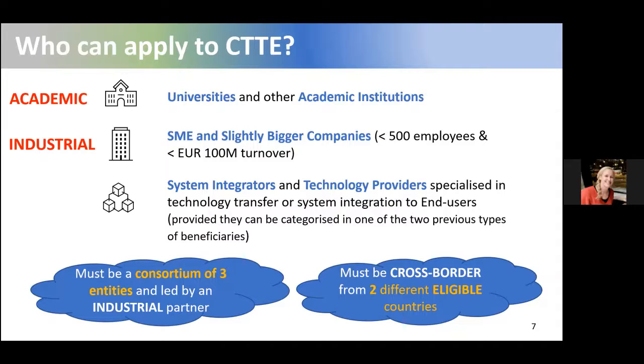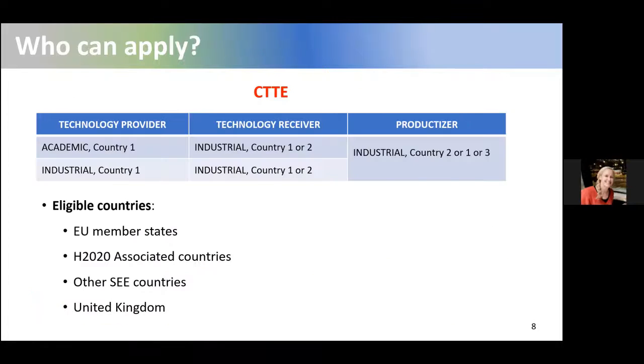Important to remember, the consortium has to be made up of 3 entities and led by an industrial partner. So they have to be an SME or a slightly bigger company. On top of that, also it has to be cross-border. So at least 2 of the companies have to come from at least 2 different countries.